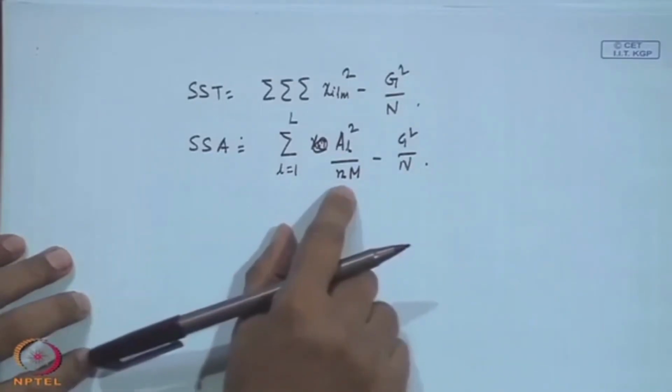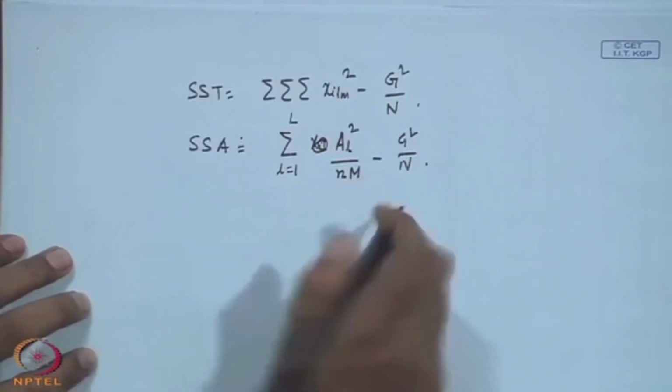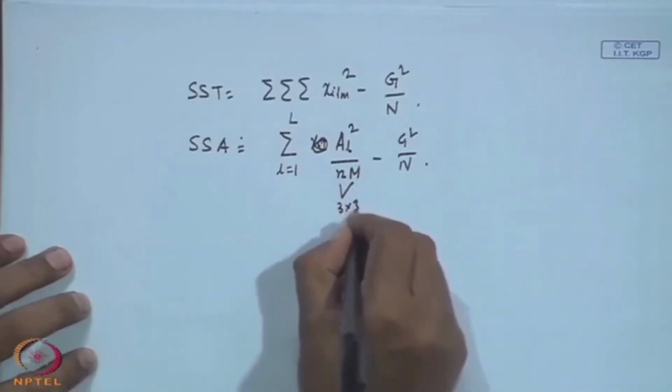So ultimately there are 3 cross 3, 9 observations.